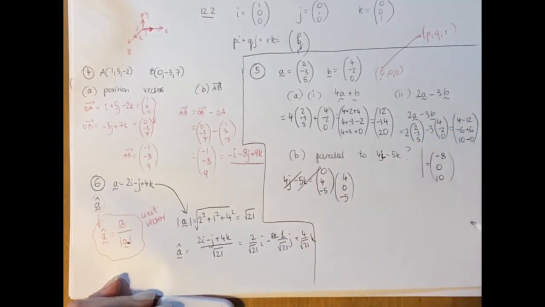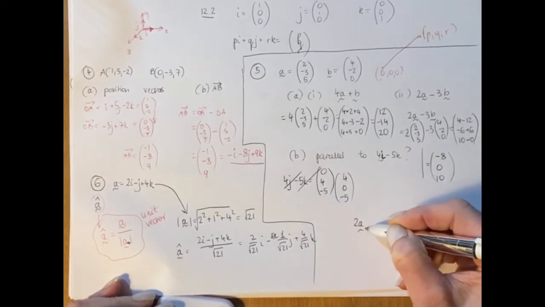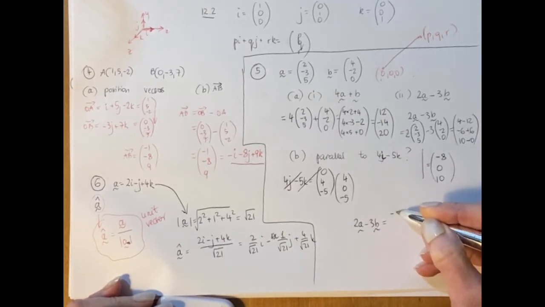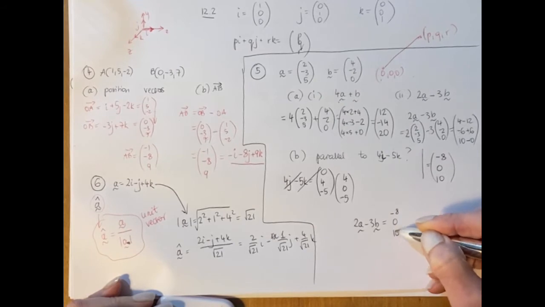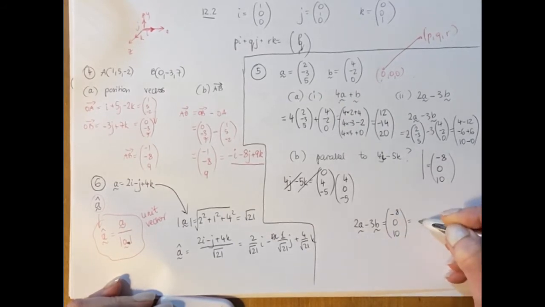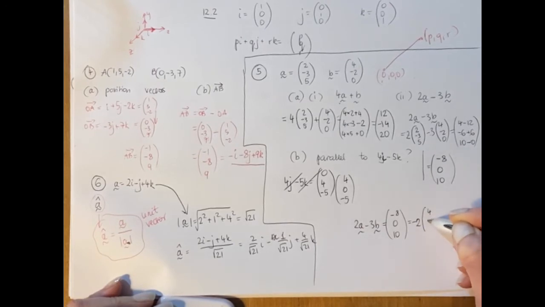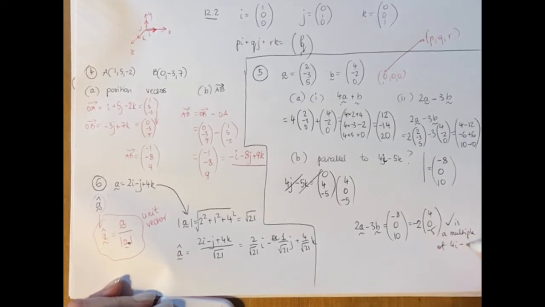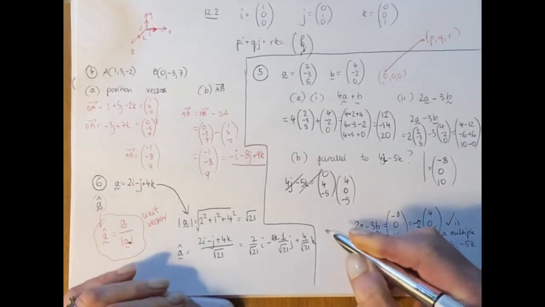If you look at these vectors, vector 2a minus 3b is minus 8, 0, 10, and that is minus 2 lots of 4, 0, minus 5. So this one is a multiple of 4i minus 5k. Let's double check the other one.